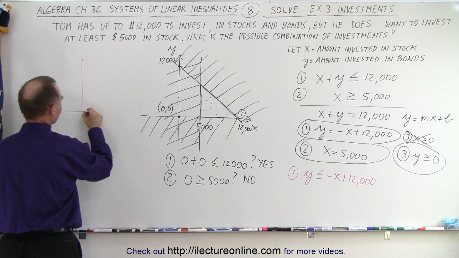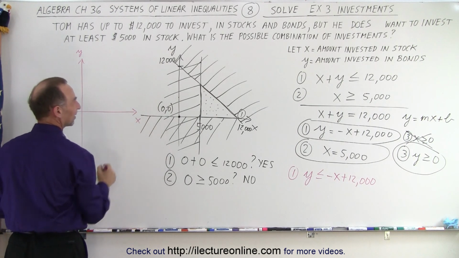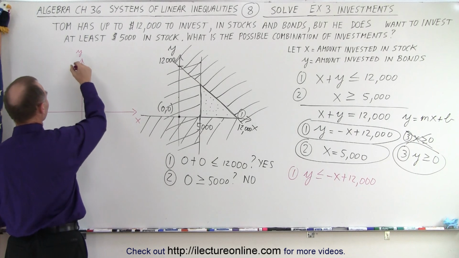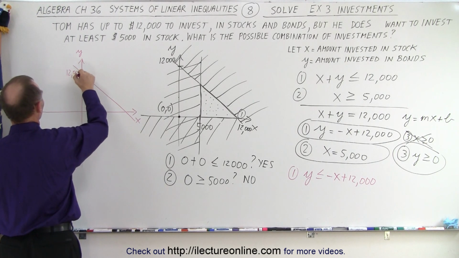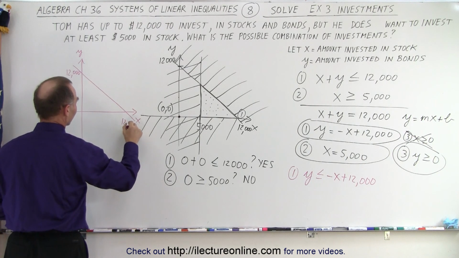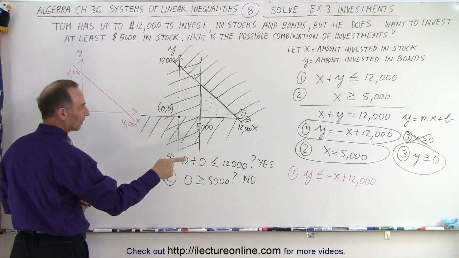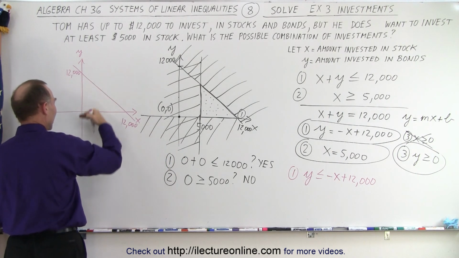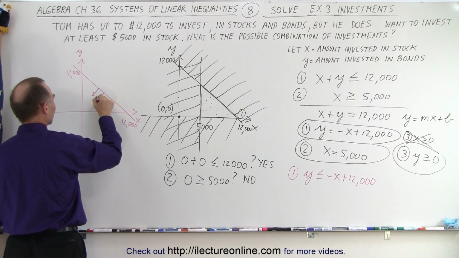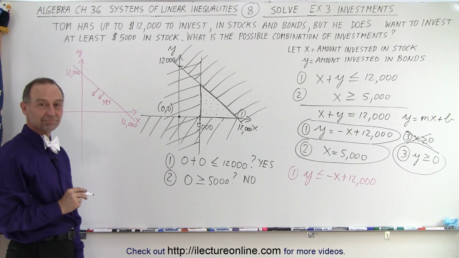Okay. So here's our y-axis, there's our x-axis, and we have the line like this, where this is 12,000, and this is 12,000. And we want y to be smaller than negative x plus 12,000. So smaller means to the left and down. So this is the region that you want relative to that line. Correct?